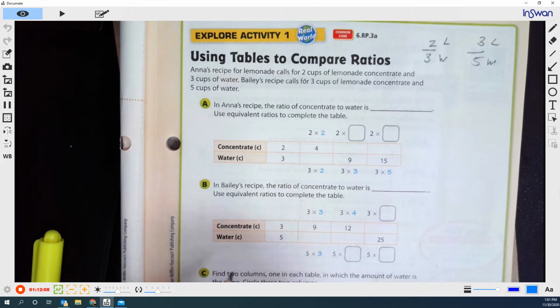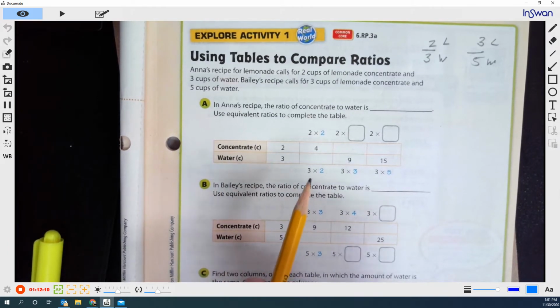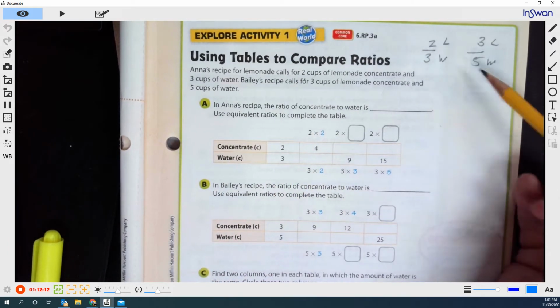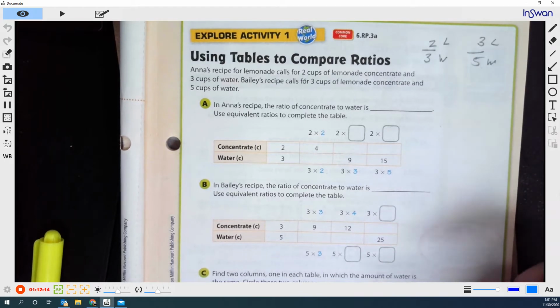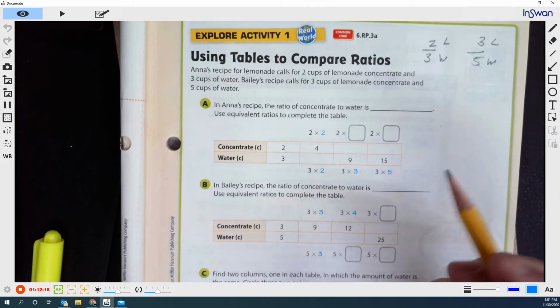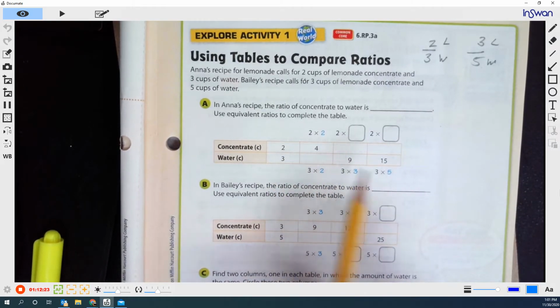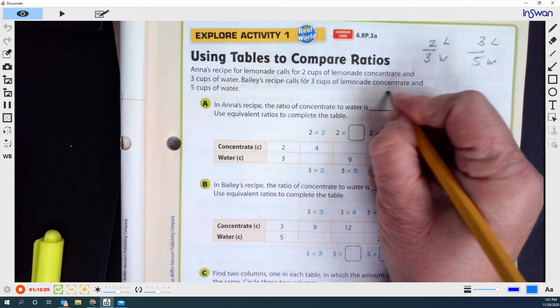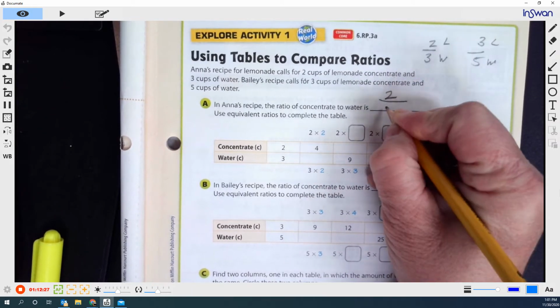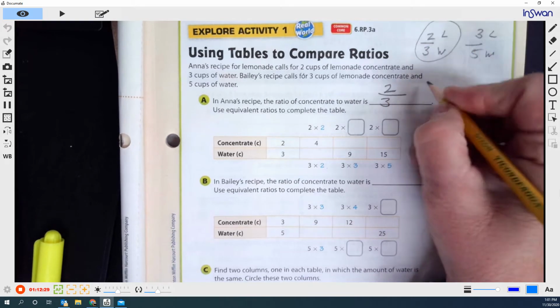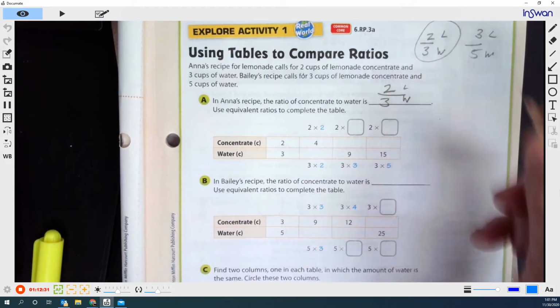So if we're comparing them, what we want to look at is how they would be in terms of finding those commonalities. Now, if we look at Anna's recipe, we said already that hers is 2 lemons to 3 waters. That's Anna's right there. So that's lemon to water, or 2-to-3.